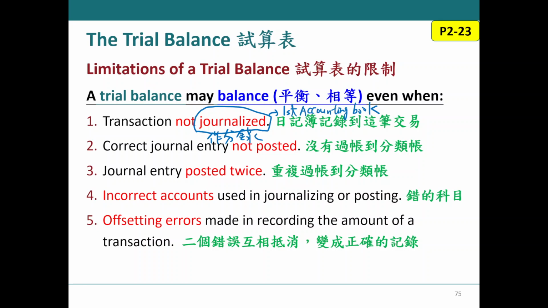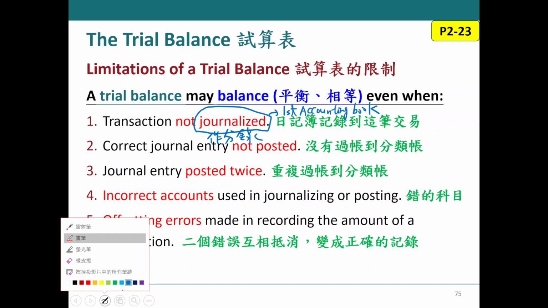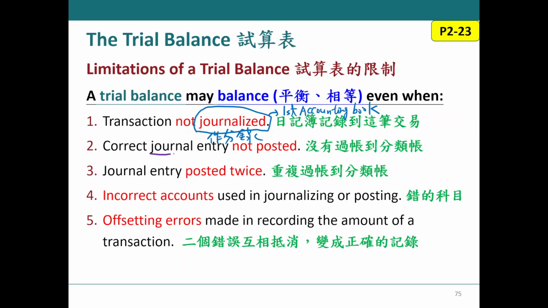So how about the second case? Correct journal entry. Remember, what does journal entry mean? One journal entry for one transaction, right? Still, this is for your first accounting book. Journal entry 分录, right?